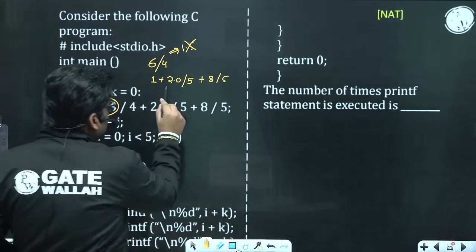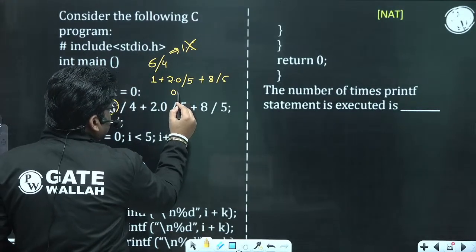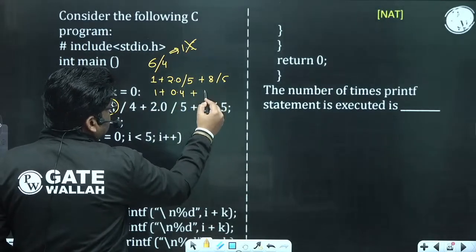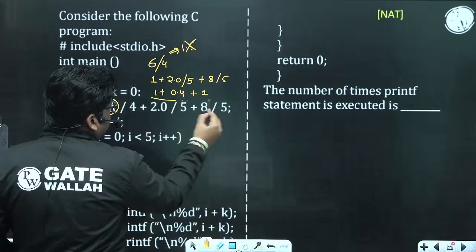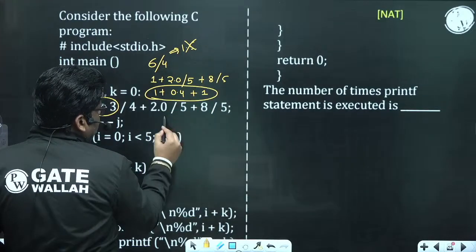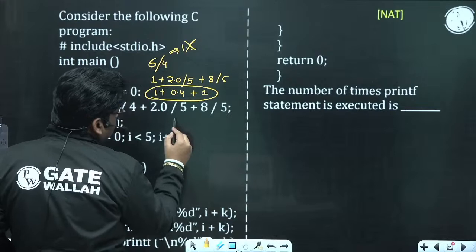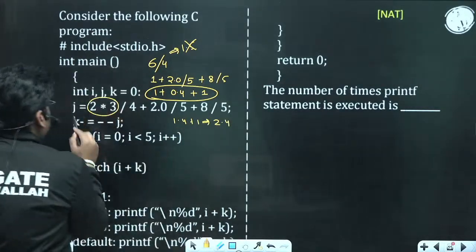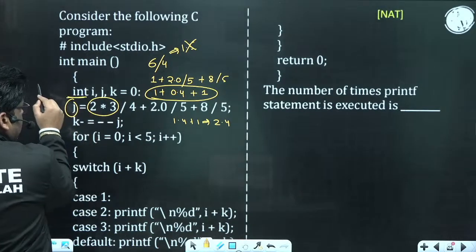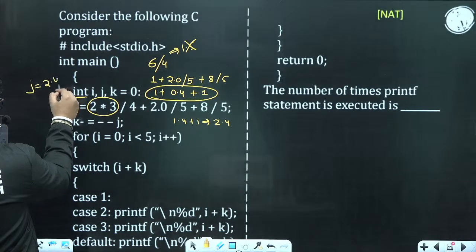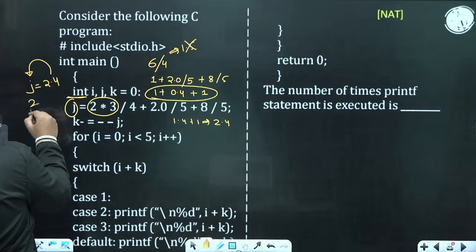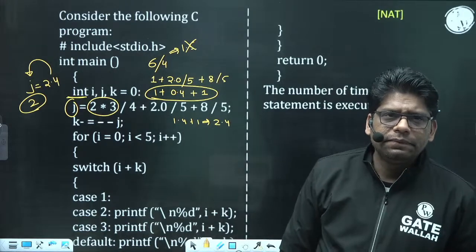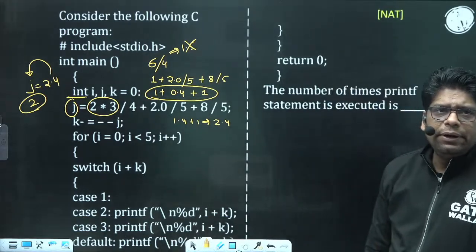Now 2.0 divided by 5 is nothing but 0.4. 8 by 5 is nothing but 1. Coming to this whole, first this would be evaluated, that is why it becomes 1.4 plus 1, finally 2.4. But because j is an integer, if you write j is equal to 2.4, sir, j is assigned value 2. Clear? Clear to everyone?